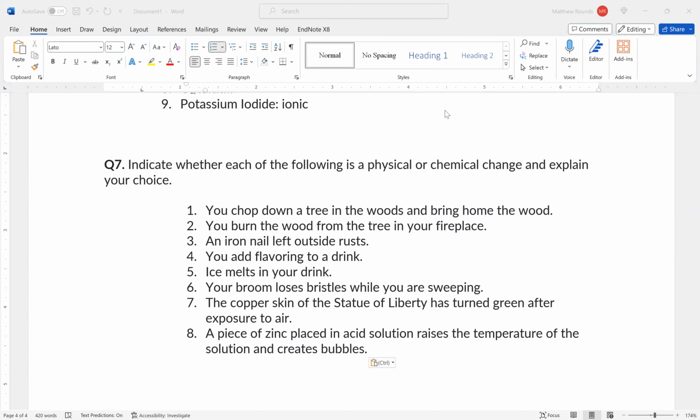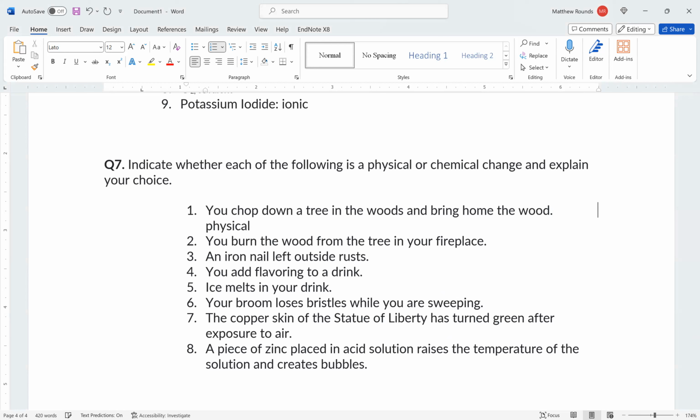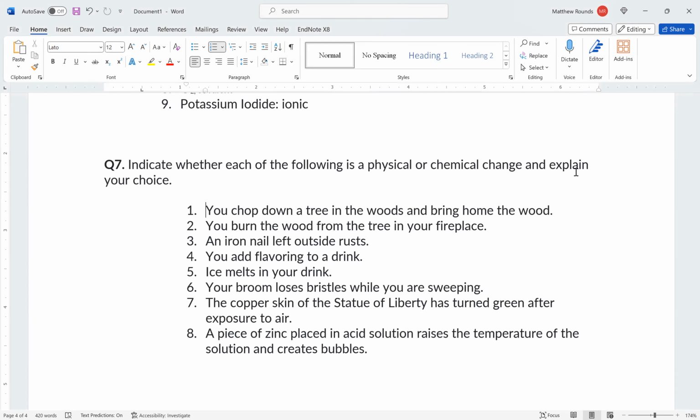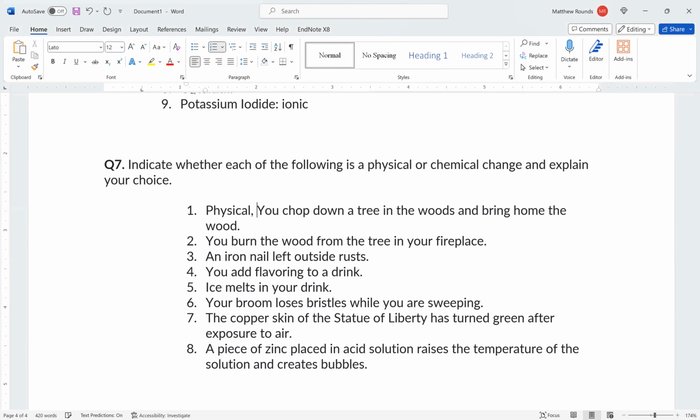Usually some sort of reaction occurs and a different substance with different properties is produced. So you have to decide, is the wood from the tree really different from the wood you bring home? No, this is physical. It's just the physical appearance. And actually, let's put the answer in front. That'll be easier for your instructor to grade.